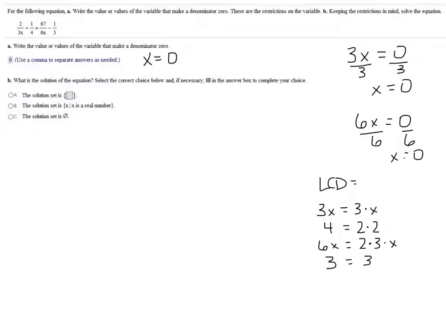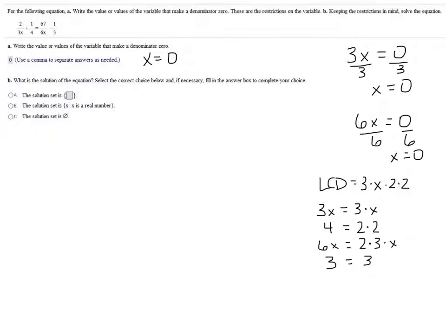We're going to take our very first number in our list and write down all of its factors, multiplying them together. So we have 3 times x. Then we go to the next number in our list, in this case 4, and we've got 2 times 2 as factors. I don't have any 2's yet, so I'm going to multiply those in.